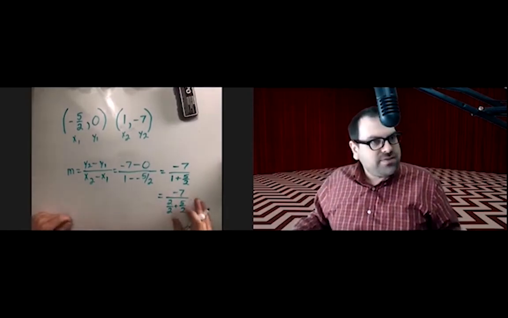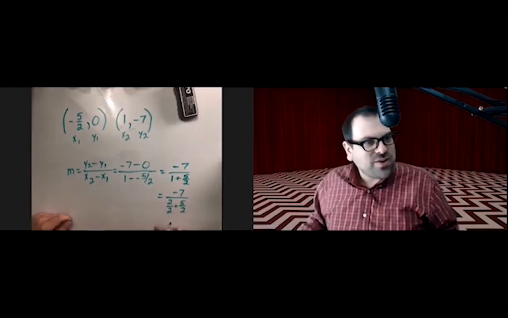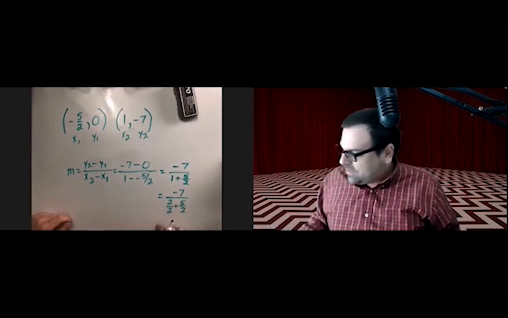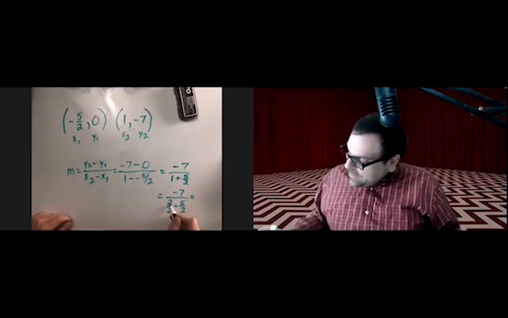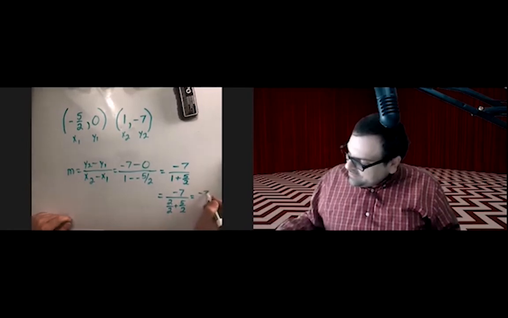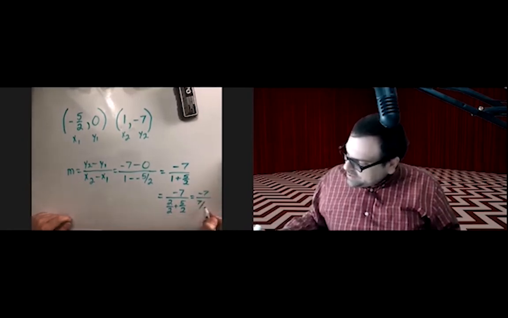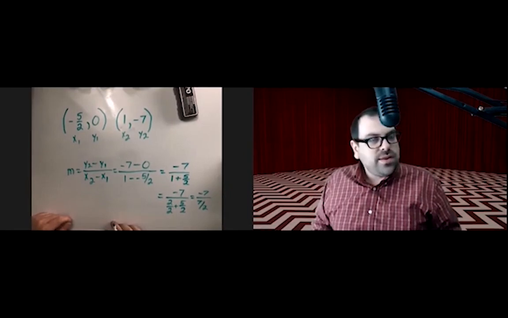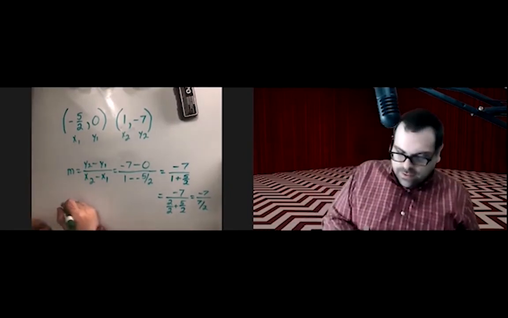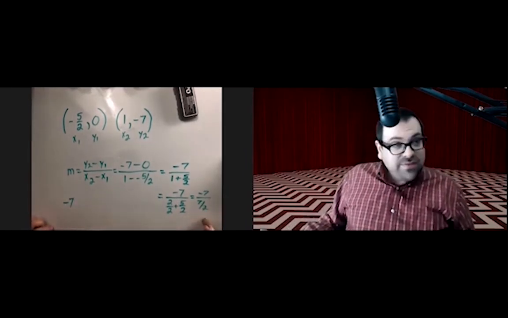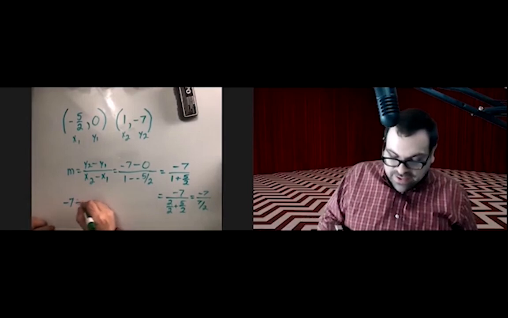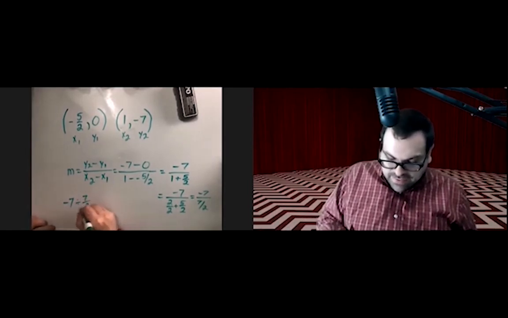Call this a complex fraction, fractions with other fractions inside of it. Two plus 5 is 7. So this is -7 on the top and 7/2 on the bottom. -7 over 7/2 means -7 divided by 7/2.